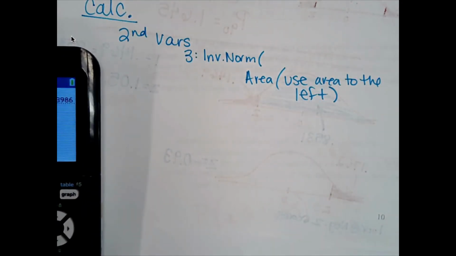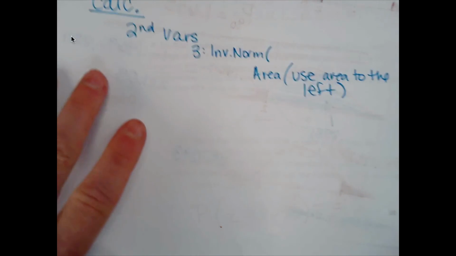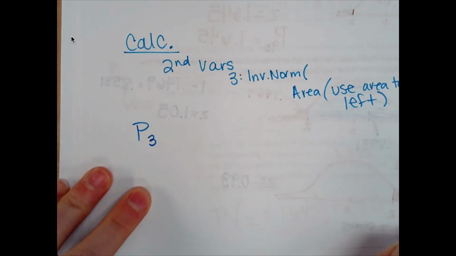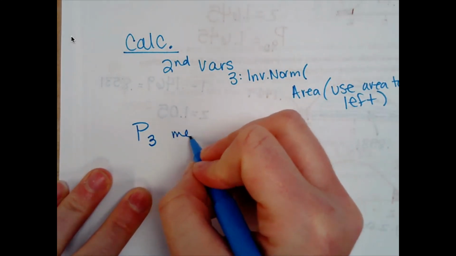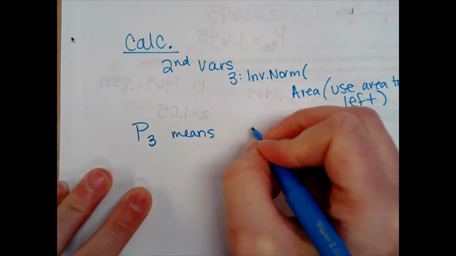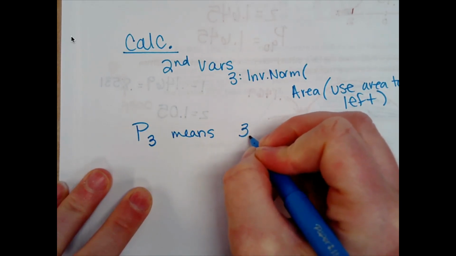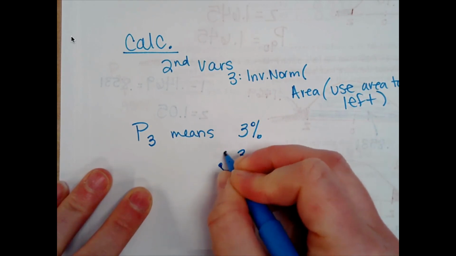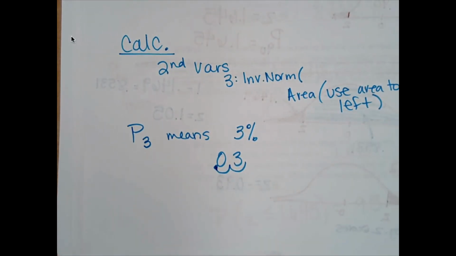All right. One other thing that I saw on y'all's homework is if we have P3, that's going to mean we have 3% and we want to move the decimal over 1, 2. So it's 0.03.